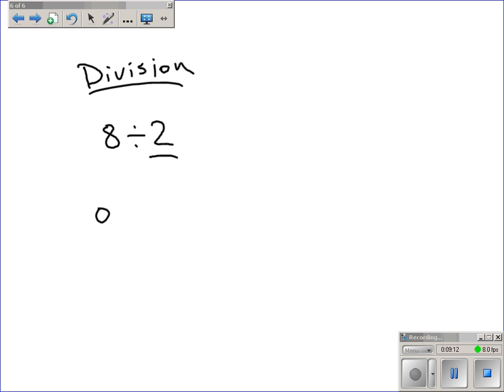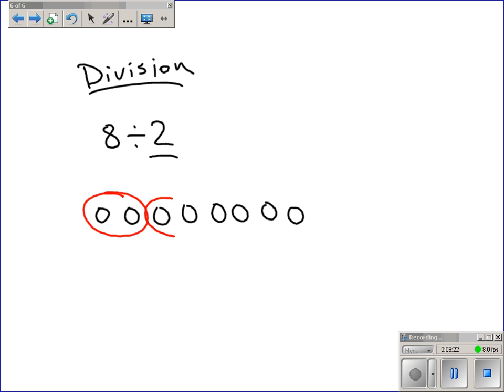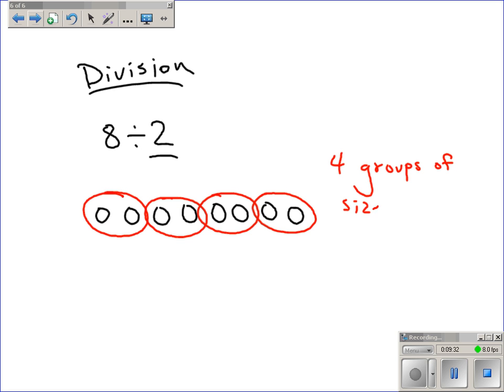So I have 8 things. How many groups of size 2 are there? Well, if I take this group of 2, and this group of 2, and this group of 2, and this group of 2, I have 4 groups of size 2. Okay, 4 groups of size 2.